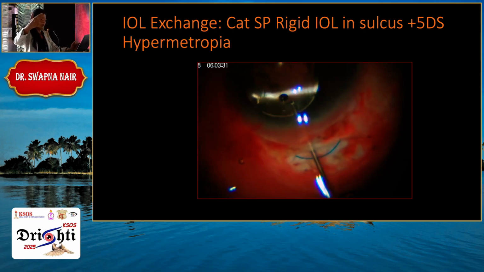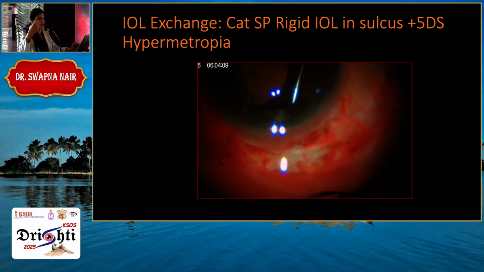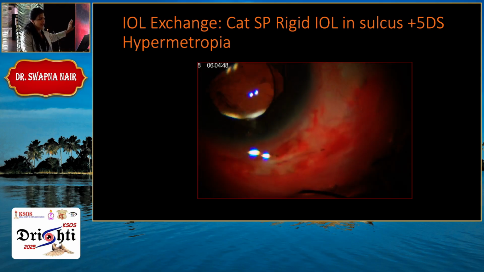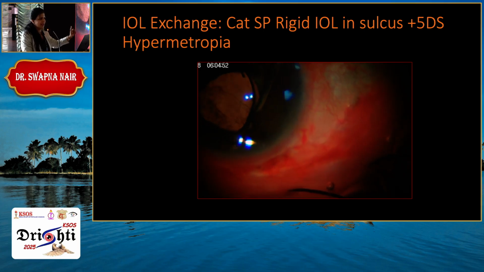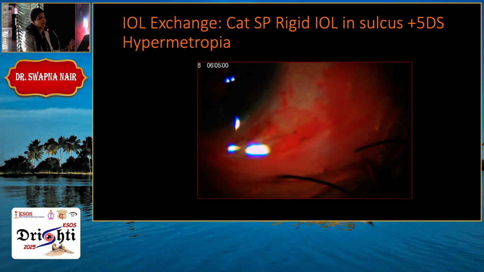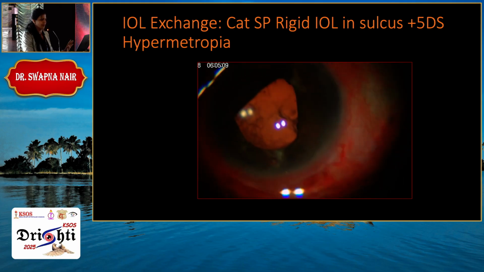Because of the extreme steepening of the cornea that's brought about by the laser vision correction, that produces a lot of aberrations, which is definitely avoided in such a circumstance. So here, there goes a 3-piece intraocular lens, which is absolutely suitable for the sulcus, into the sulcus after removal of the single piece intraocular lens.